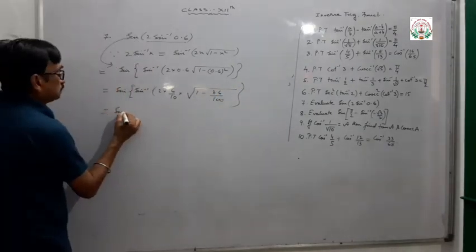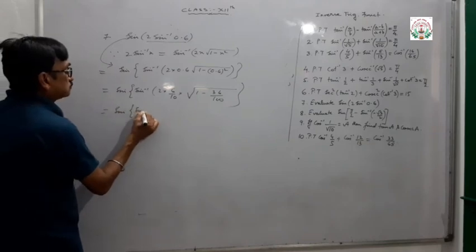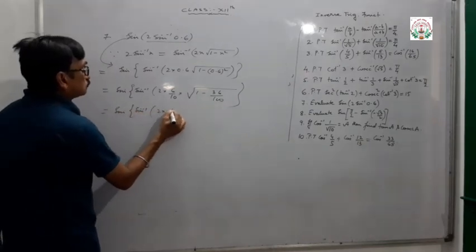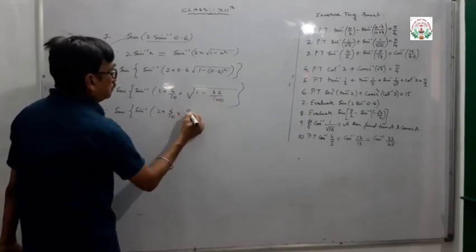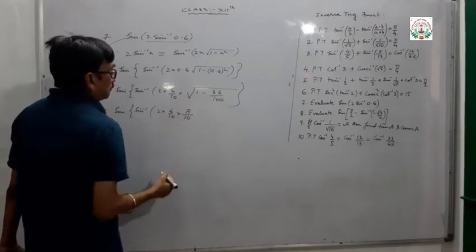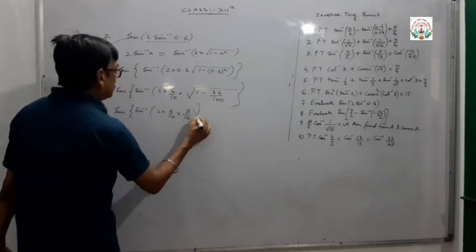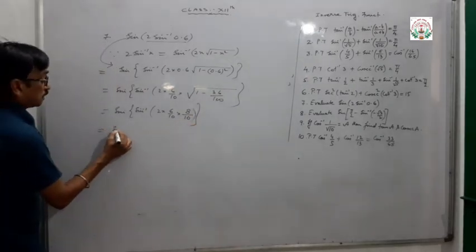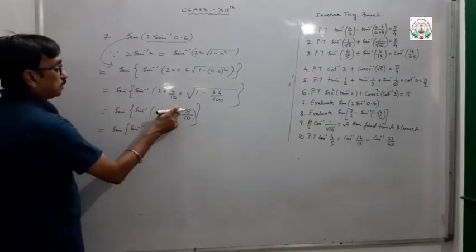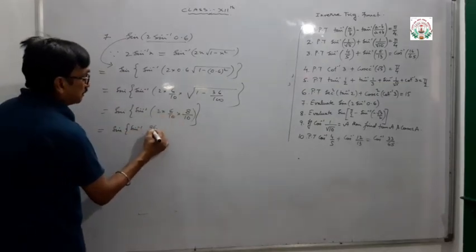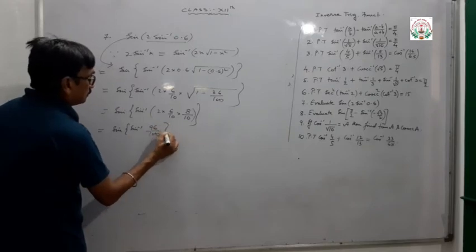That is sine inverse of 2 into 6 by 10 into under root of 100 minus 36, 64, square root 8, and square root of 100, 10. So sine inverse, 2 into 6, 12 into 8, 96 by 100.